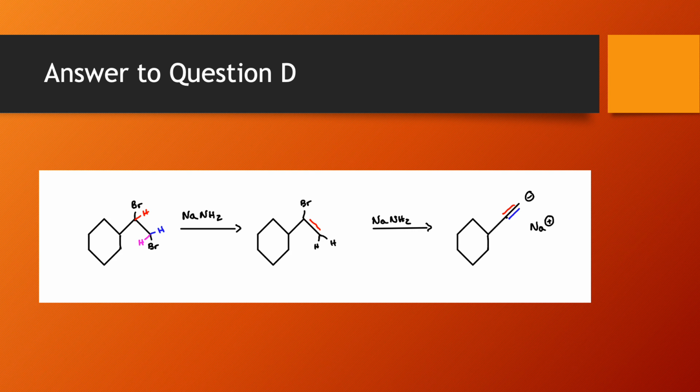And basically what happens is, as you can see from the leftmost picture to the middle picture, the sodium amide is basically stealing a hydrogen from the molecule and creating a double bond, in which it eventually creates a triple bond, leaving one less hydrogen than expected, which gives the negative charge to the end of the molecule and leaves a sodium positively charged outside of the molecule.